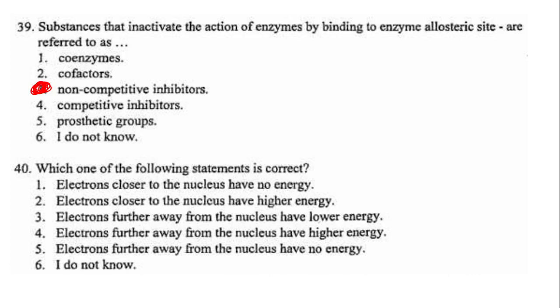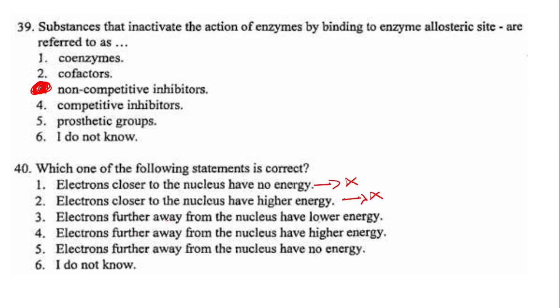So this question is from atomic structure. If you view electrons close to the nucleus have no energy, this is wrong. Electrons closer to the nucleus have higher energy, which is wrong.